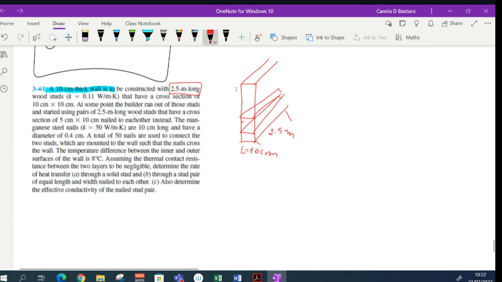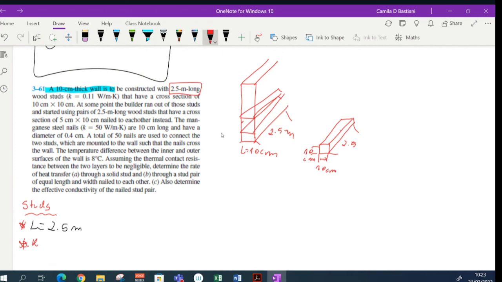Okay, let's start taking down data. I'm going to talk first about my studs. They have a length of 2.5 meters. So let's draw the representation of one of them. 10 centimeters by 10 centimeters.